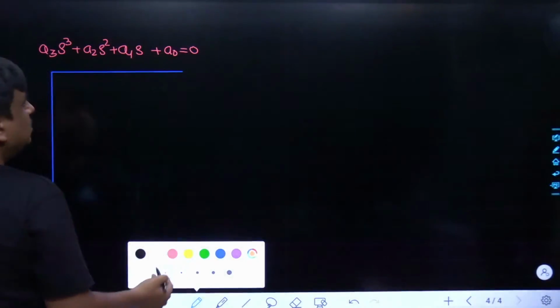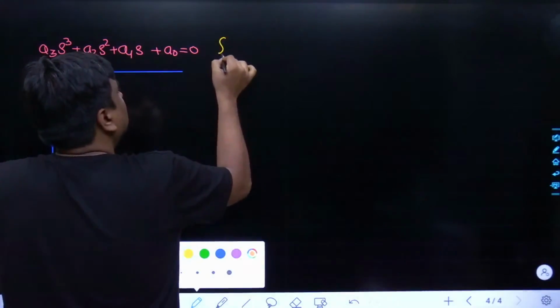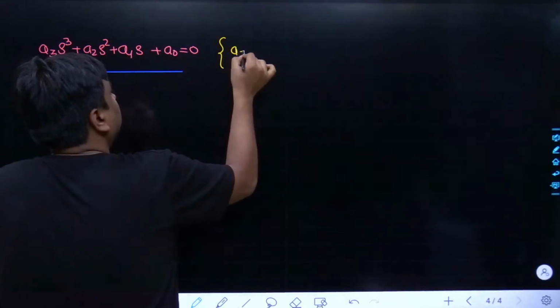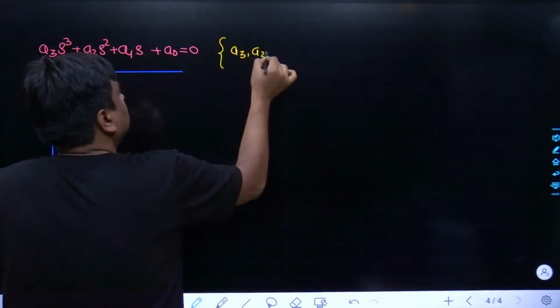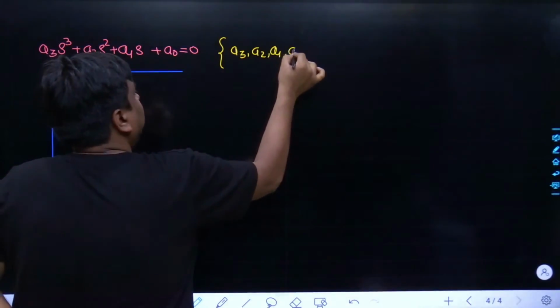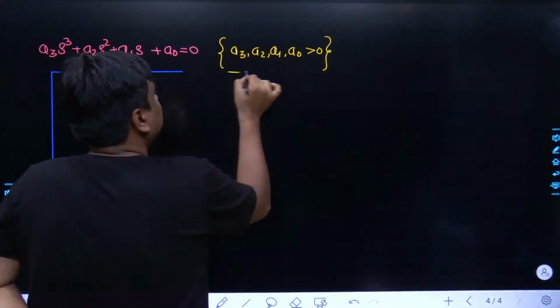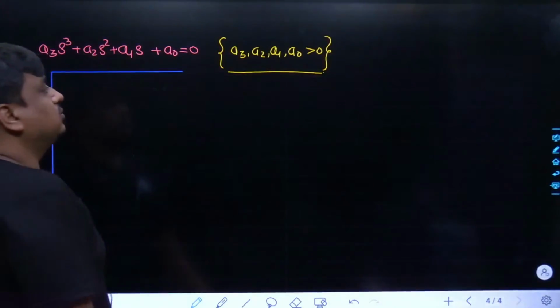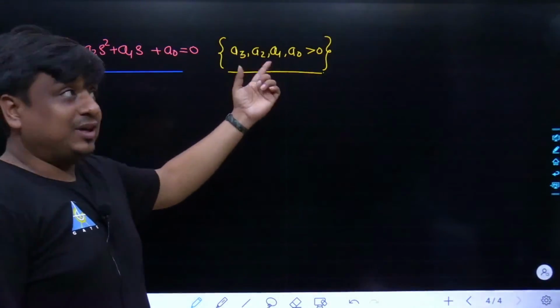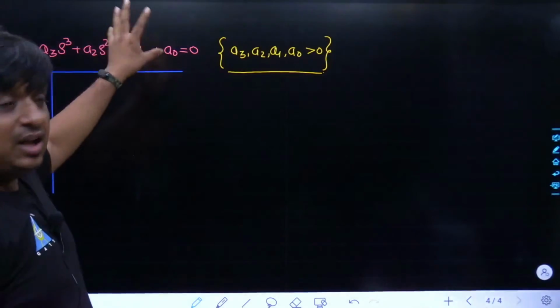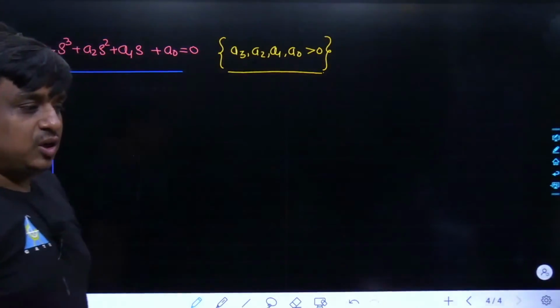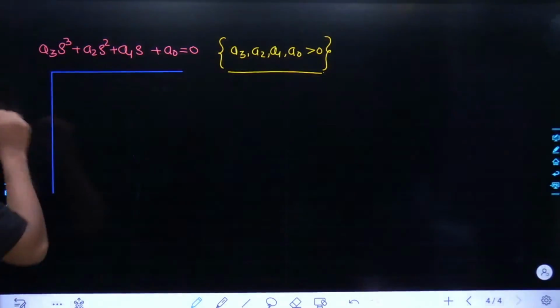I have presumed a3, a2, a1 and a naught, all 4 coefficients of this cubic equation are greater than 0, not including 0. That means none of the terms is missing and all of them are positive in nature.